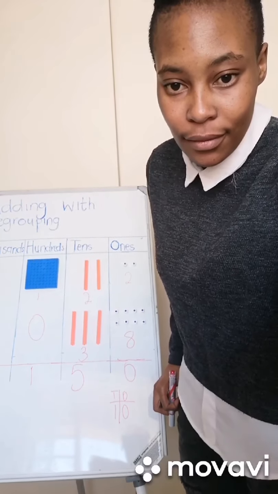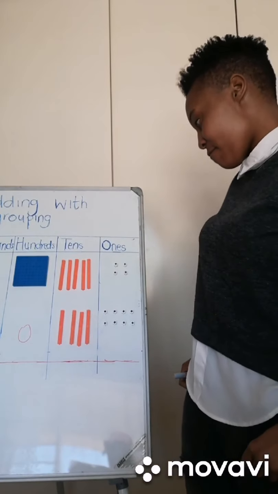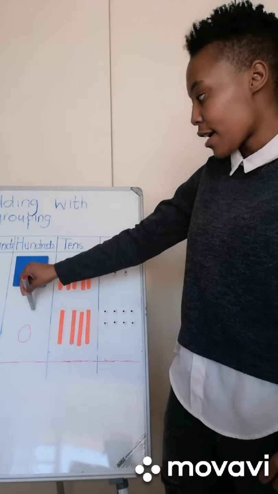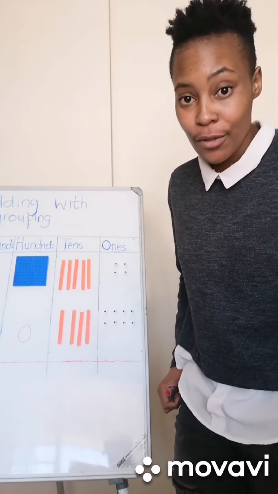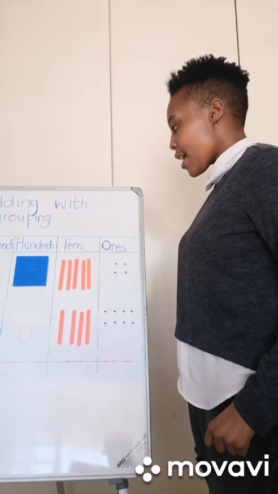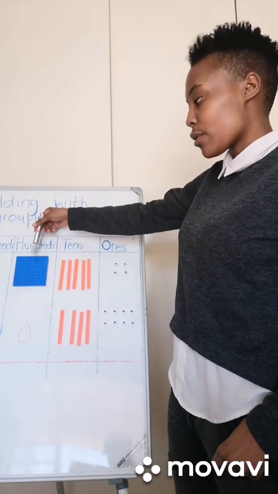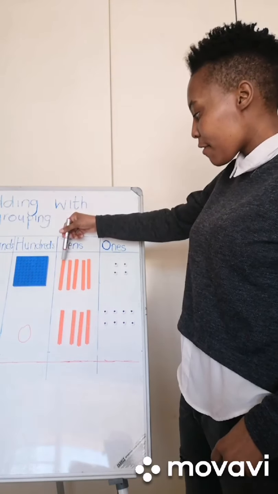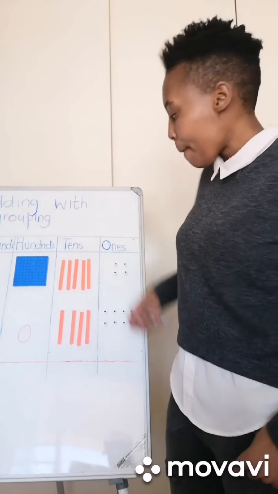Now we are going to add 154 and 48. 48 does not have hundreds, therefore we put a 0 under the hundreds for 48. And remember, one blue block equals 100. 5 orange blocks equals 50. 100 add 50, that is 150.